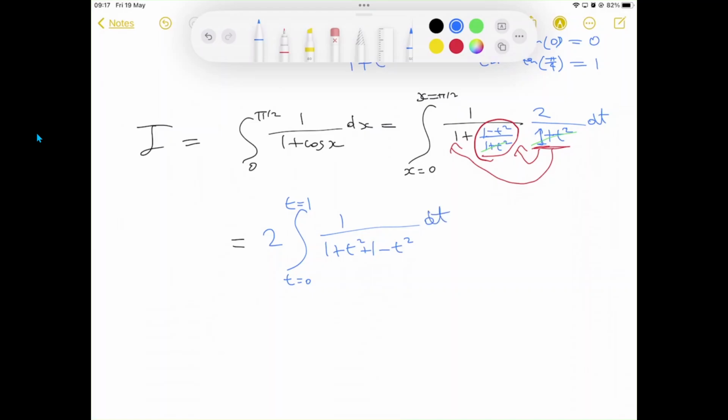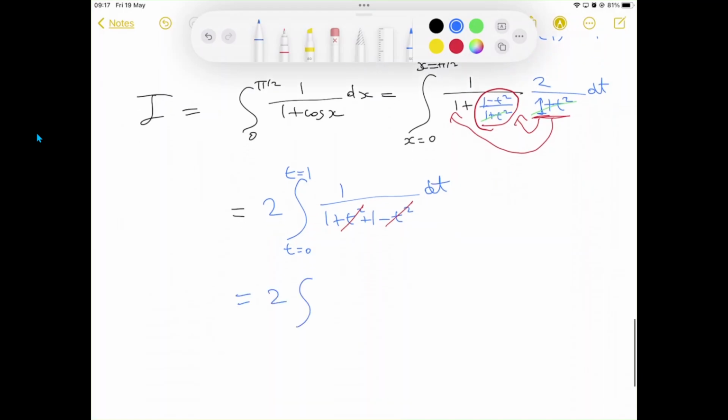And the fun part is that these t squared terms, they cancel. And so you're left with the integral, two lots of the integral, sorry, from the limits 0 to 1 in terms of t, of 1 over 2 dt. And this 2 and this half, they both disappear because they multiply to get 1.